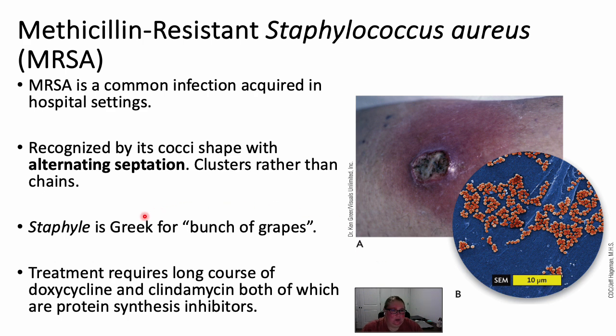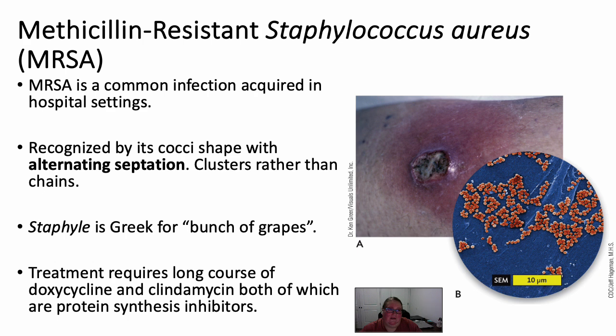So we have bacteria called Staphylococcus. That's because they are cocci shaped and they're arranged in bunches of grapes. A lot of these are very important because we have a specific type of Staphylococcus called Staphylococcus aureus that does the bunches.